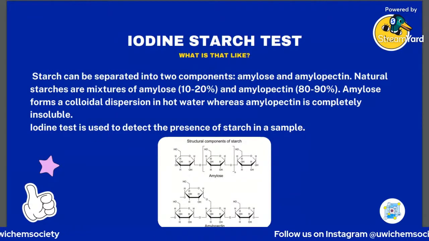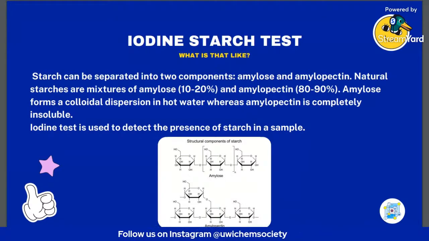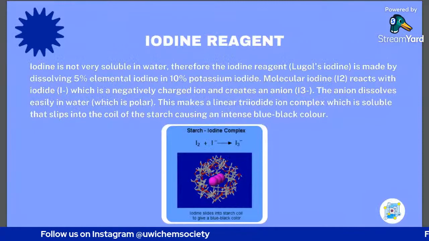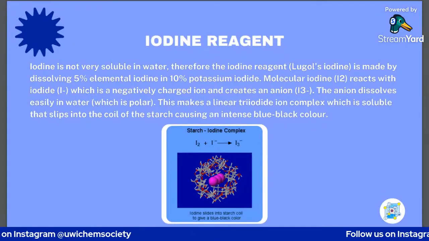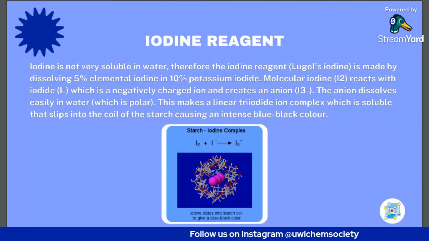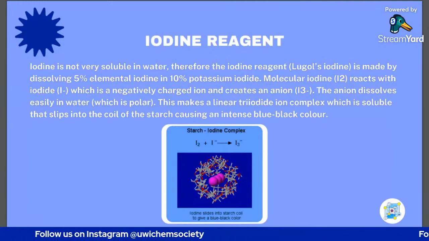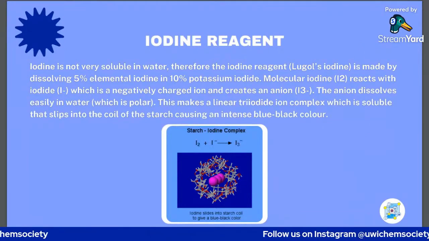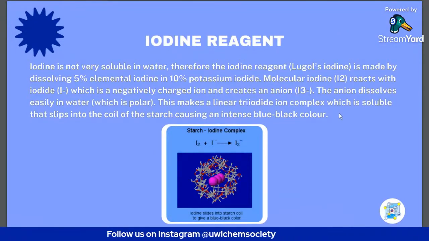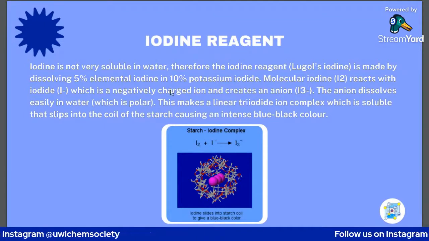So to make up our iodine solution, we're going to be using 5% iodine and 10% potassium iodide. And the reason we're using potassium iodide is because iodine itself is not soluble in water.